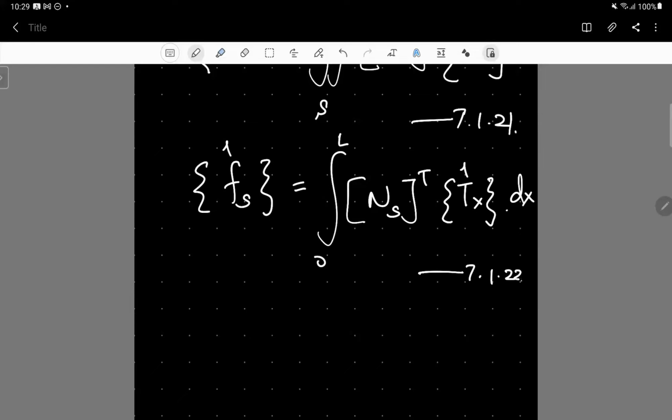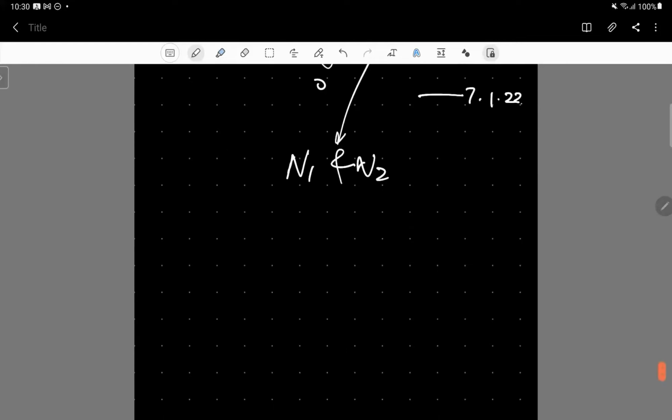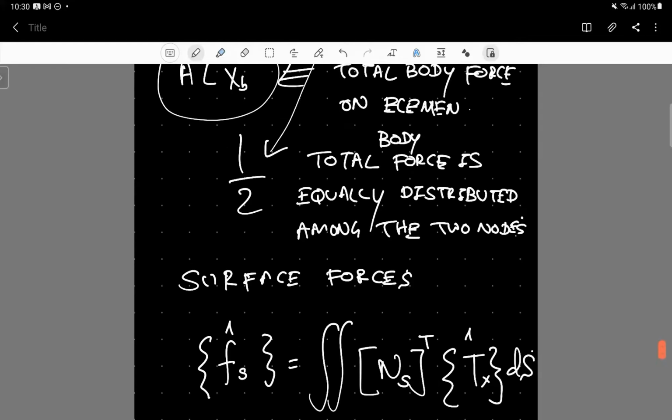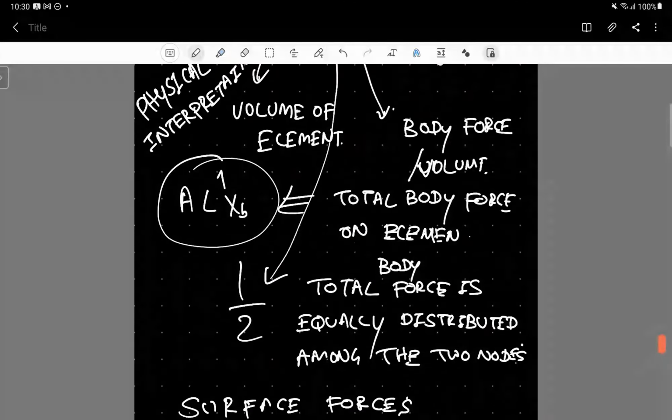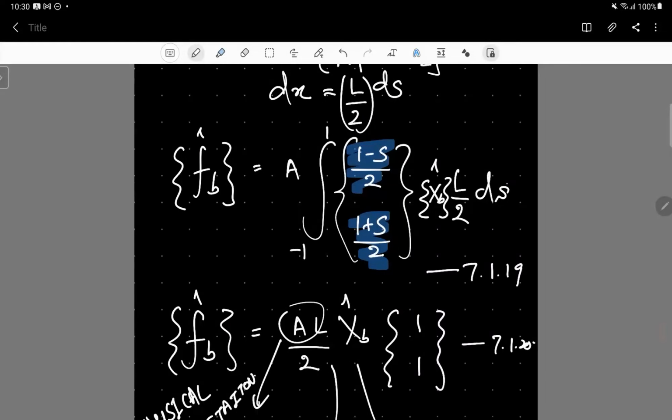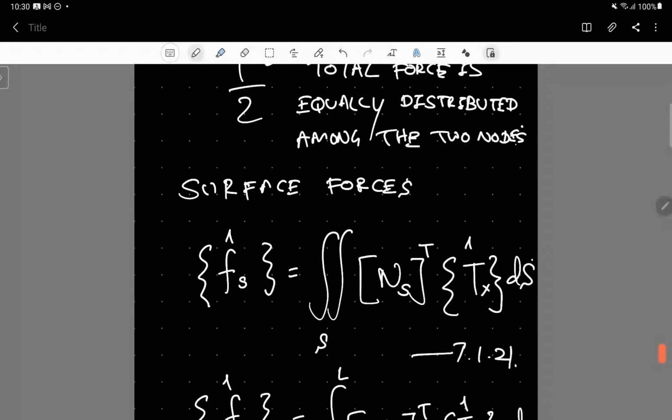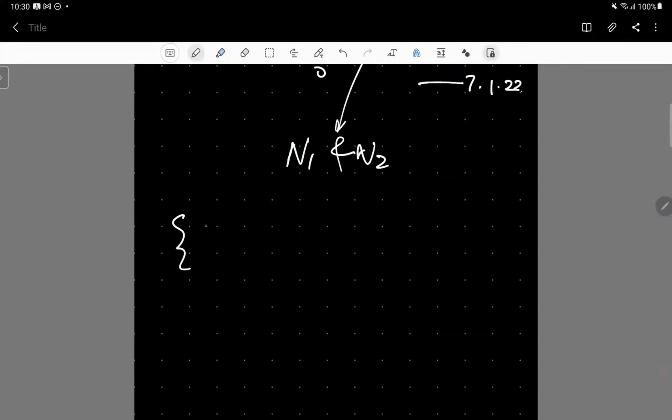Now we can assume that t hat x is expressed in units of force per unit length, and by assuming the shape functions to be N1 and N2, we know these two shape functions are 1 minus s divided by 2 and 1 plus s divided by 2. We can simply substitute the equations for the shape functions in order to obtain the forces and evaluate the integral.